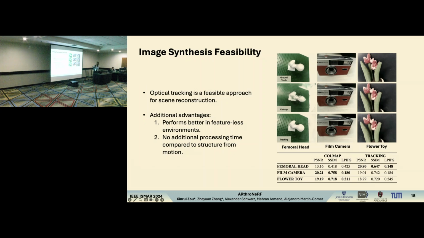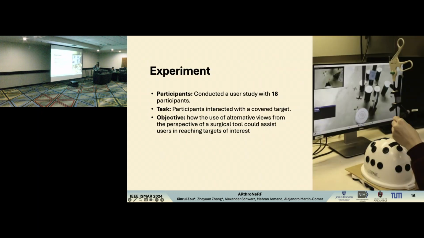As you can see in the column of the femoral head in the reconstructed images, it performs better in featureless environments, because COLMAP sometimes fails to capture enough features to reconstruct the whole scene. And additionally, there is no additional processing time to get the camera position, because we can get the tracking position in real time from the optical tracking system.